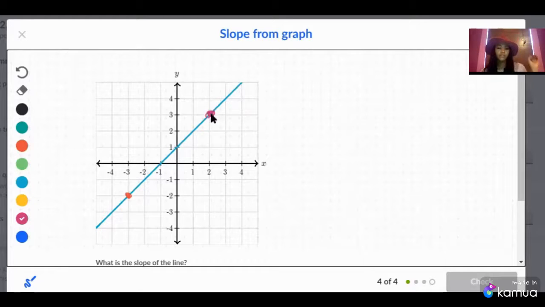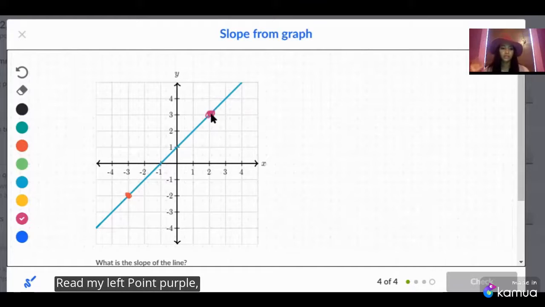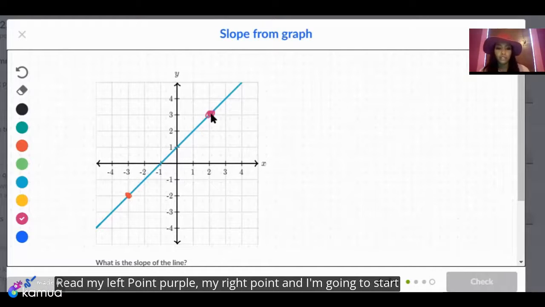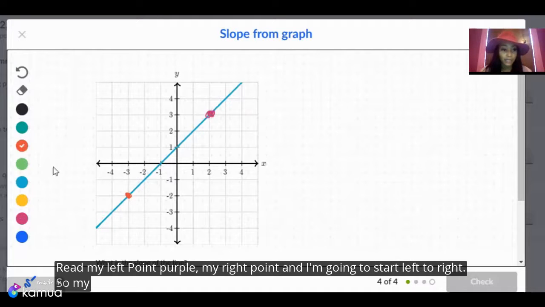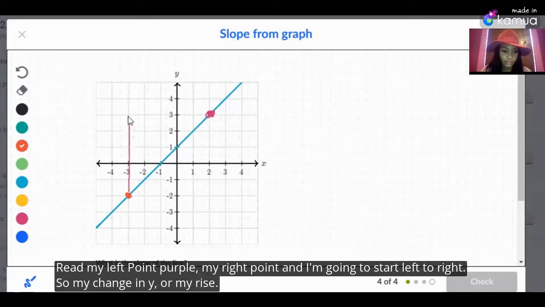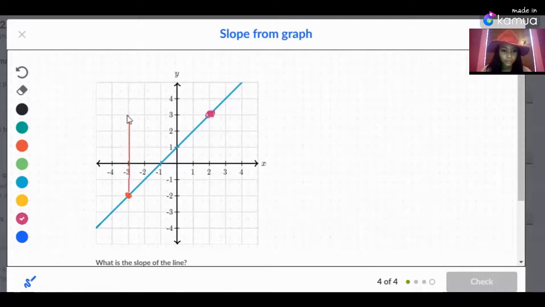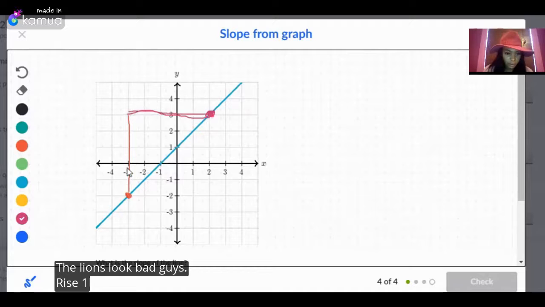Okay. Red, my left point, purple, my right point, and I'm gonna start left to right. So my change in y or my rise, oops, my lines look bad, guys. Rise 1, 2, 3, 4, 5.